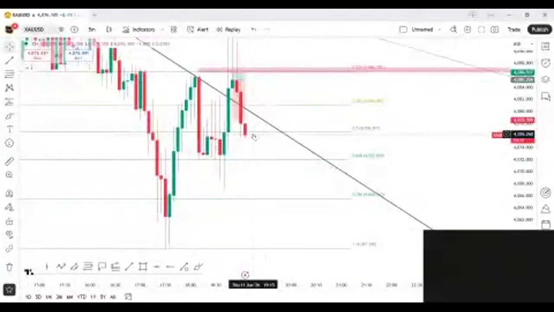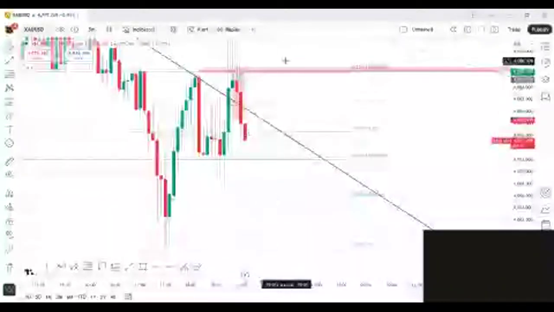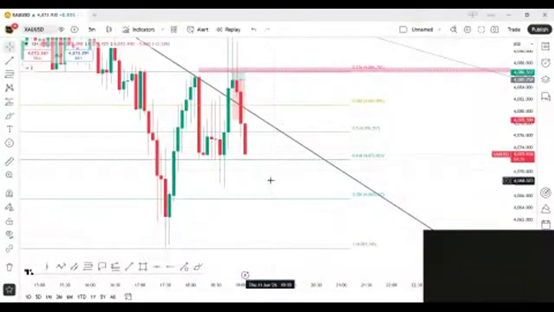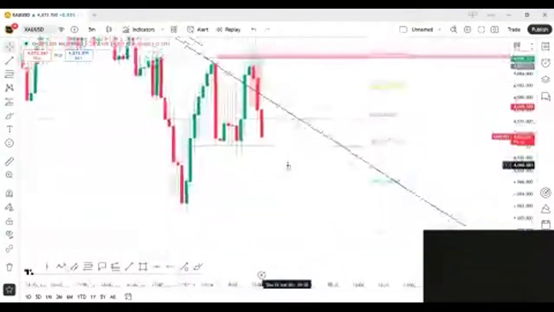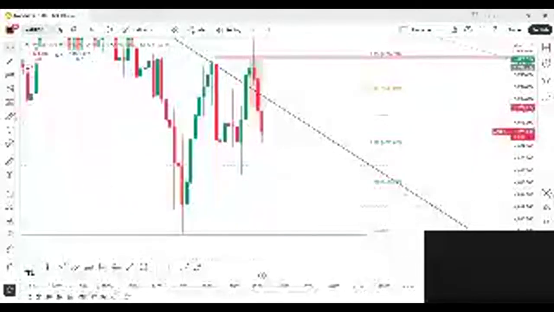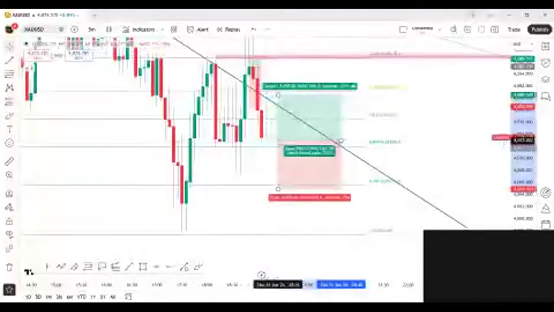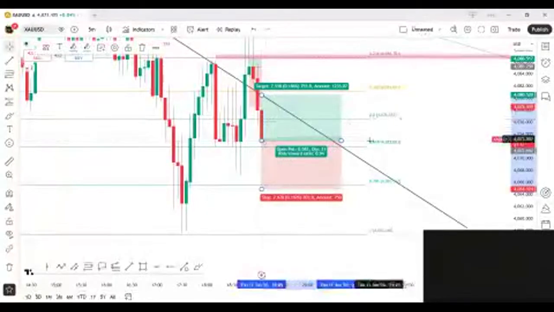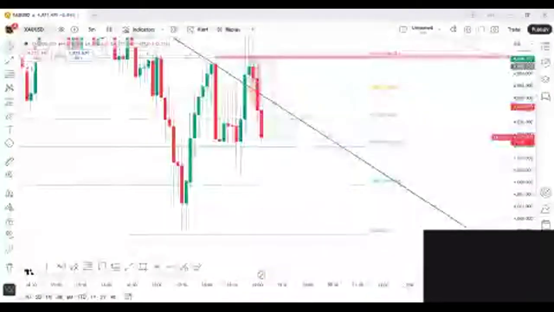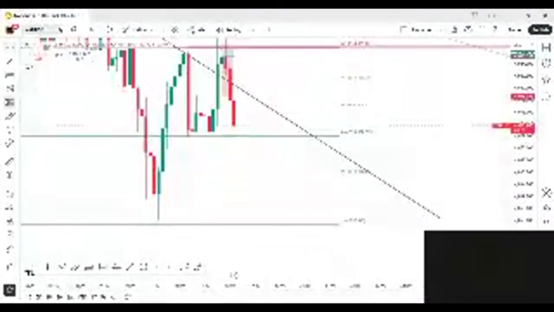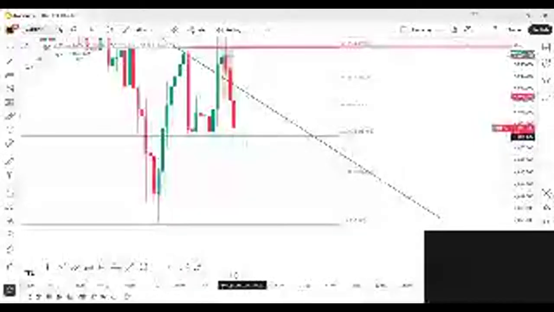Right now we cannot enter a sell trade because maybe the market will spike upside again. We just need to wait a little bit.